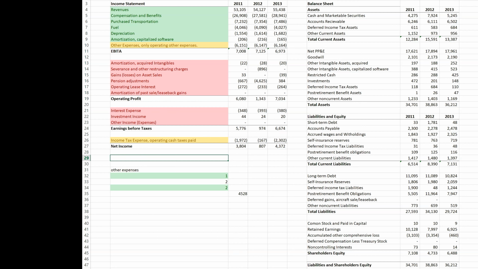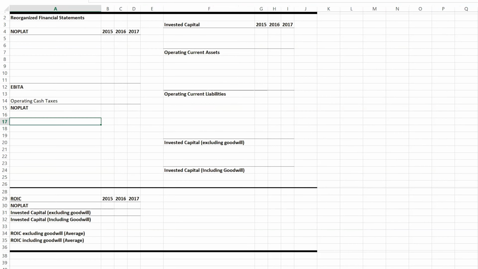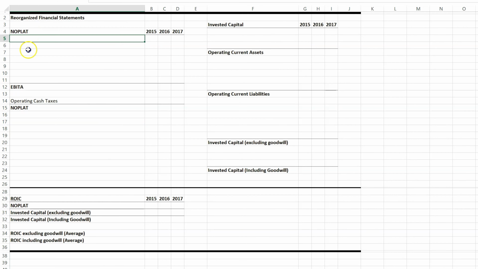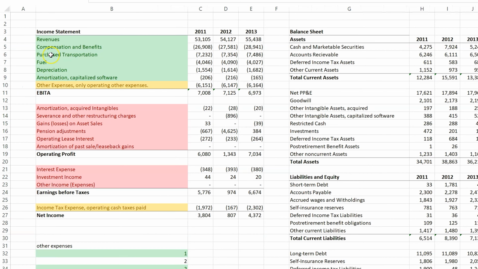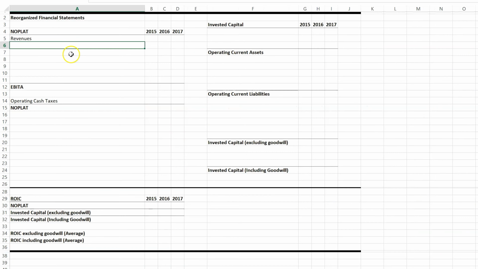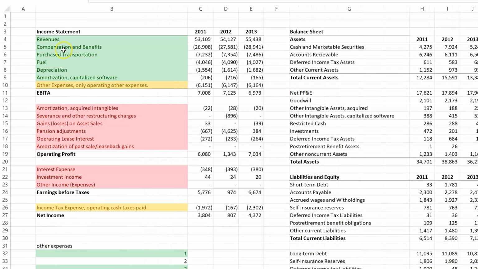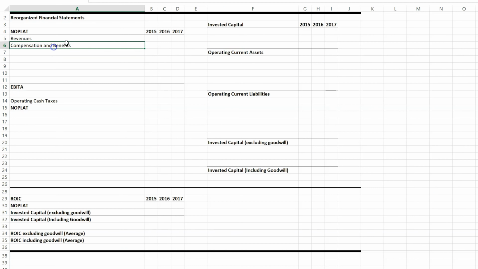What we're going to do then is to take all of the things that we've highlighted as operating in nature or potentially operating in nature and set them equal to the cells over here in our reorganized income statement. Right? So we'll set this equal to revenue. We'll set this equal to compensation and benefits.